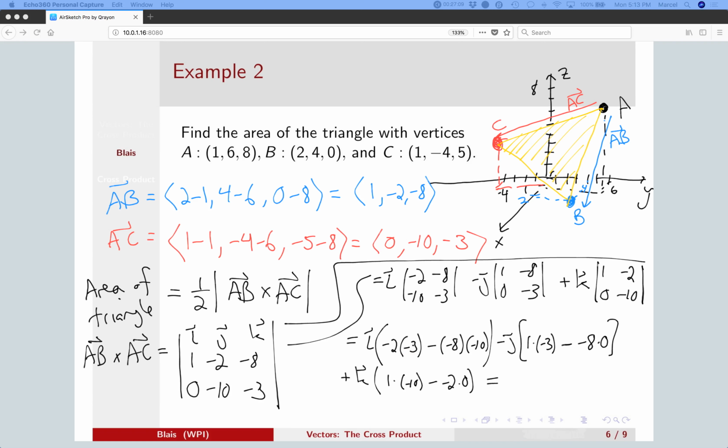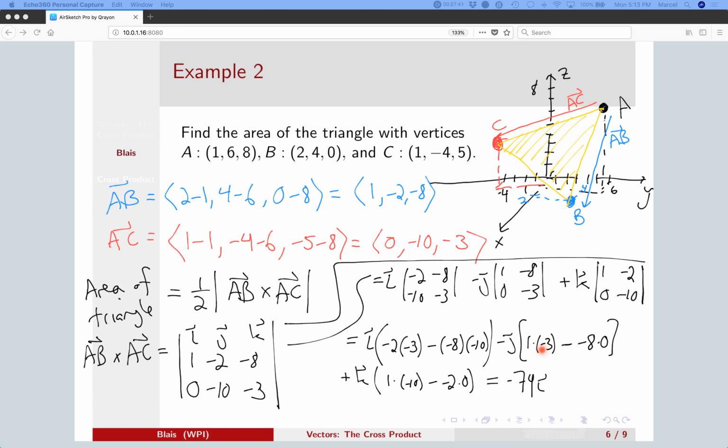So 6 minus 80, or minus 74i. Here we have 1 times negative 3 plus 0.